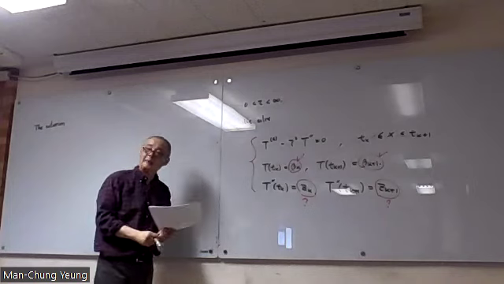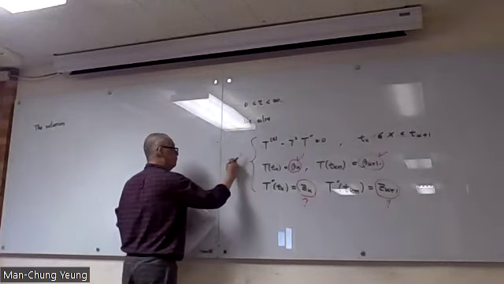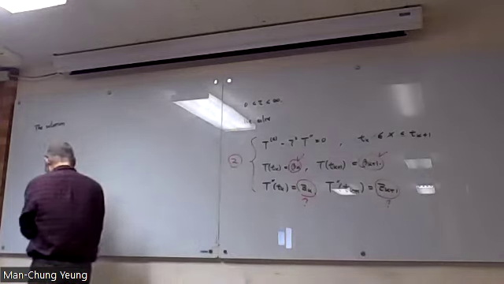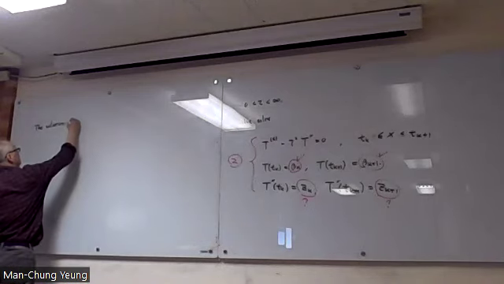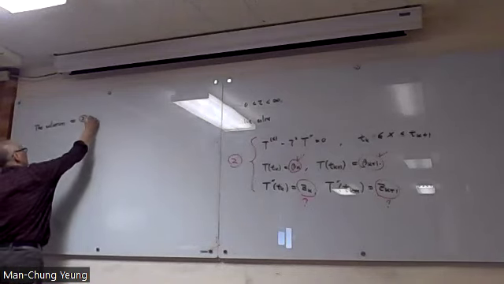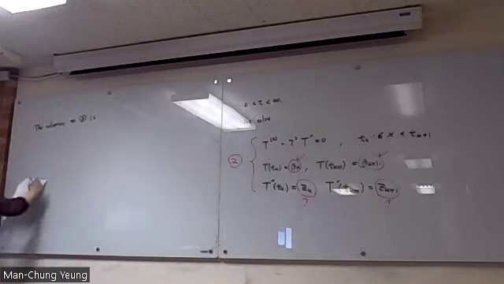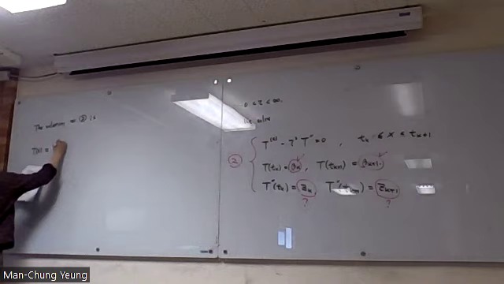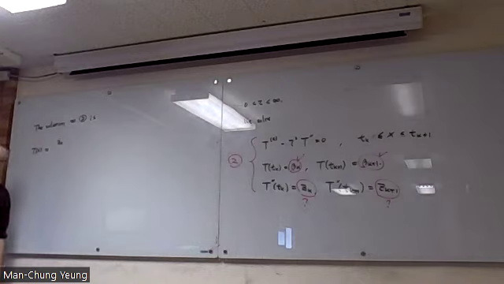Say problem number 2. The solution to problem number 2 is t, where ck is unknown at this point.